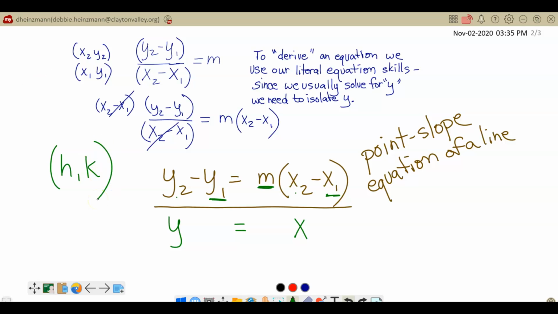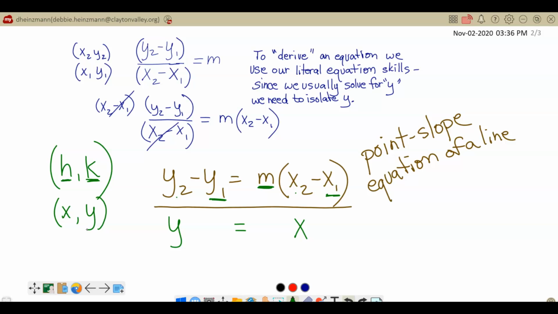When you learn function transformations in Algebra 2, you get to know these two letters very well. They're our friends H and K. They mean X and Y. That's exactly what they mean, and that's all they mean. They mean this is a point, but it's a particular point. In this form of an equation for a line, H and K have a place.